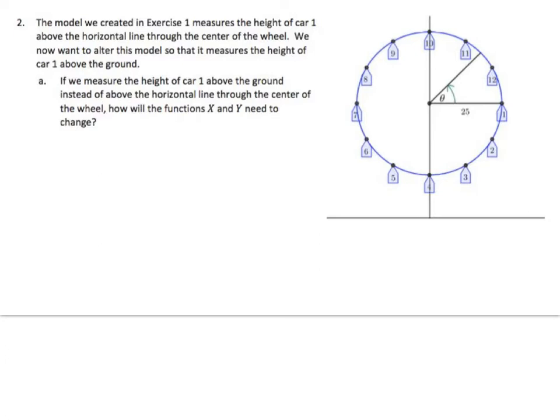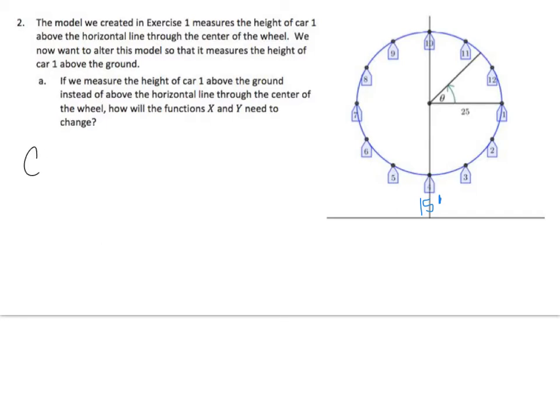If I go back to the description of the problem, we are at 15 feet above the ground. It says that riders board the Ferris wheel from a platform that is 15 feet above the ground. So there's our distance there. So how will the functions x and y need to change?